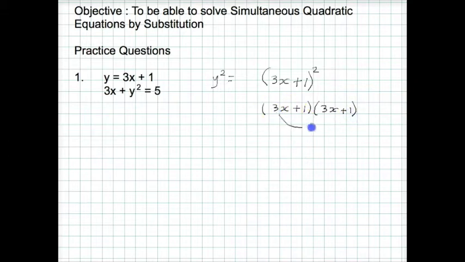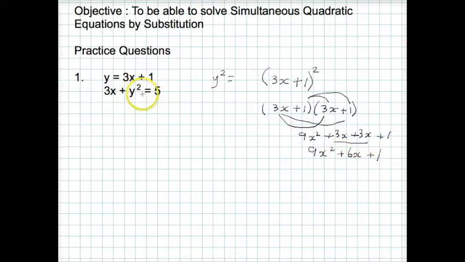Let's do that together. 3x times 3x is 9x squared. 3x times 1 is just 3x. Then 1 times 3x is 3x. And 1 times 1 is just 1. If we group these two together, we get 9x squared plus 6x plus 1.